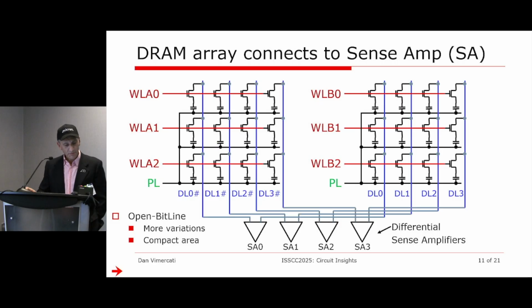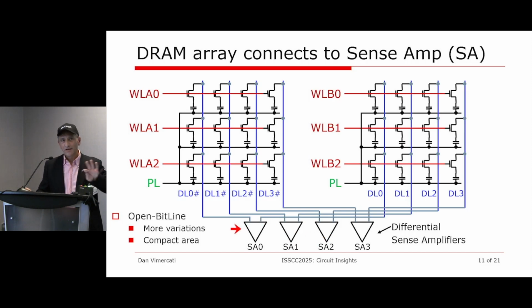Okay, so let me talk about two possible different configurations for arrays, and how we connect arrays to the sense amplifier. Now we are going to creep a little bit into your goal, so try to design a sense amplifier. Say that we have two big arrays like we defined in the previous slide, and we connect them to a battery of sense amplifiers.